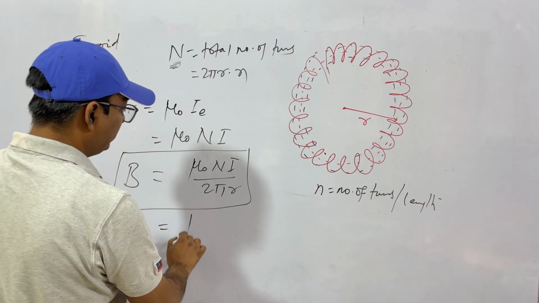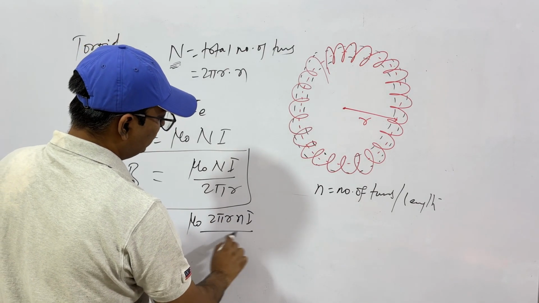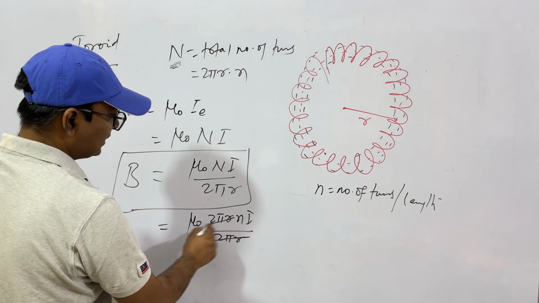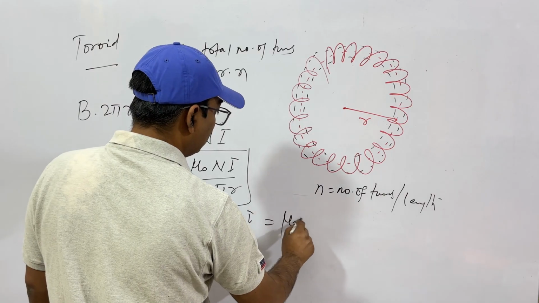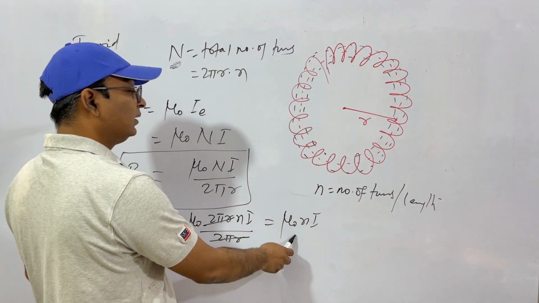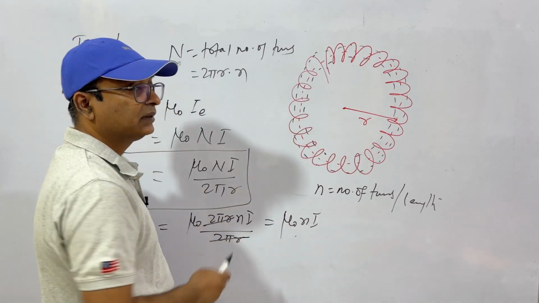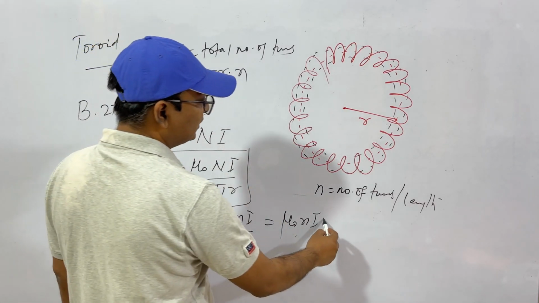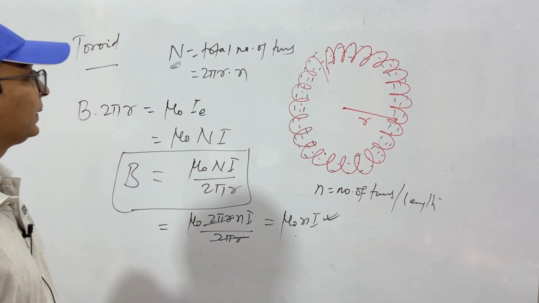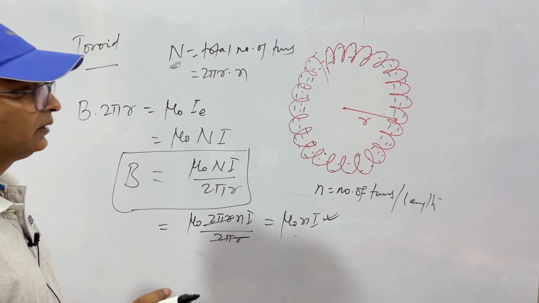This will be mu 0 2 pi r n I by 2 pi r. This cancels this. So you get mu 0 n I. It's very interesting. The expression for magnetic field strength in a toroid is same as it is in a solenoid. So I think you must have understood what is a solenoid, what is a toroid. Okay.